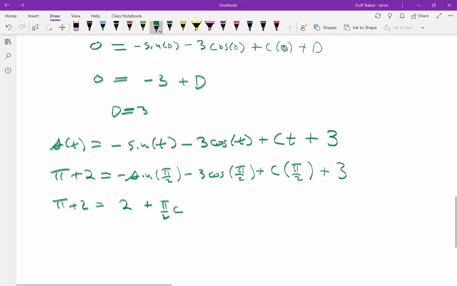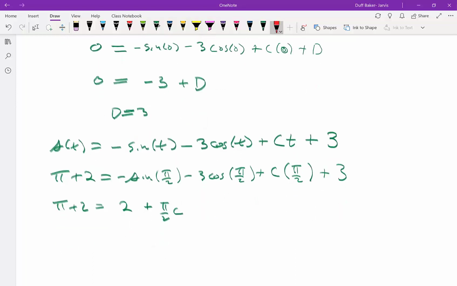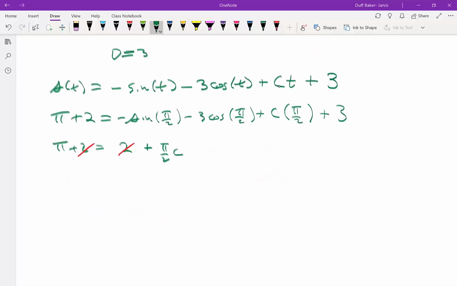And then I can cancel the 2's. What does this tell us? This tells us that pi equals pi over 2 times c. Now we divide both sides by pi over 2, which is the same as multiplying by 2 over pi. Of course, the pi's cancel, and I'm just left with c has to be 2.